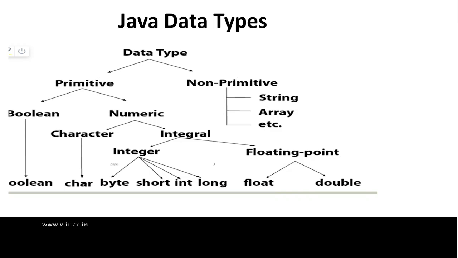They vary in storage and they vary in range. Byte has a very short range, short again a short range, integer a little bit more range, and long is very big in capacity. In non-primitive, string, array, etc. are there.